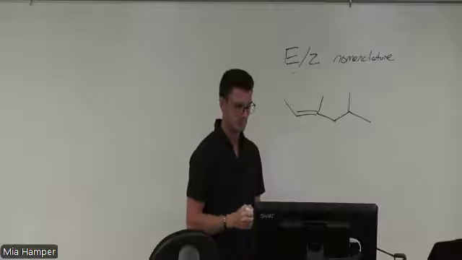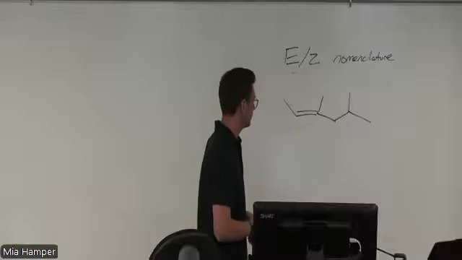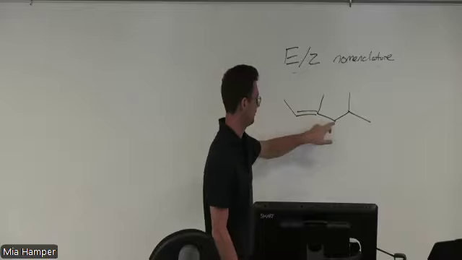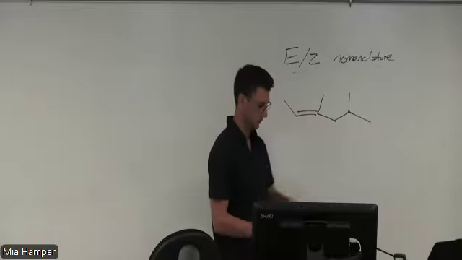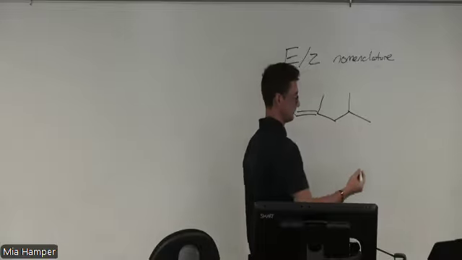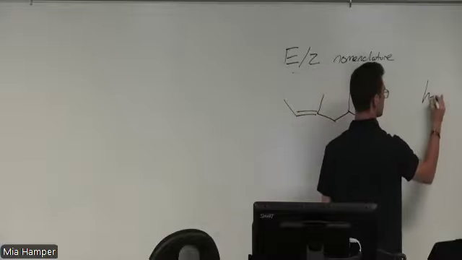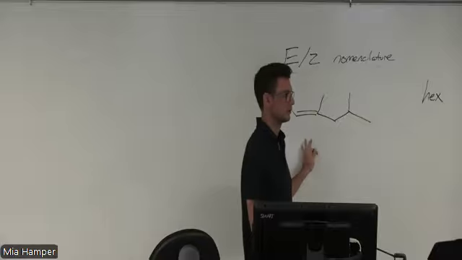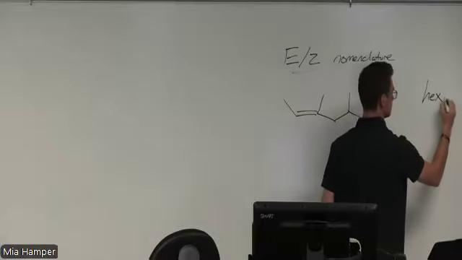So let's try this name. What's our parent chain? 1, 2, 3, 4, 5, 6. So we know hex. And we have a double bond, so it's going to be hexene.